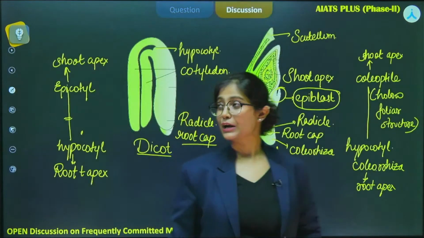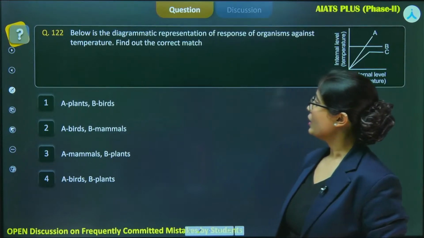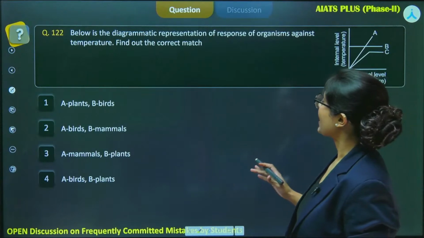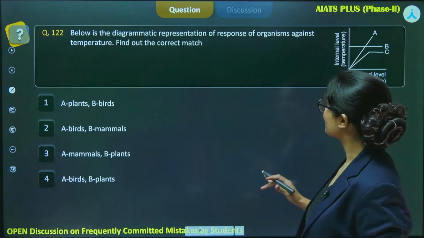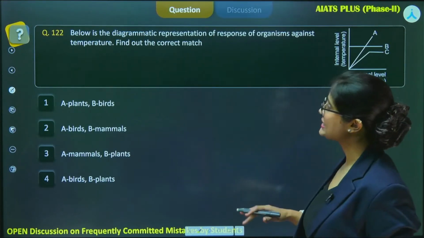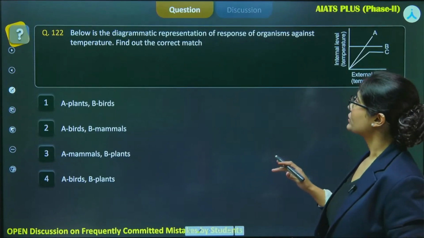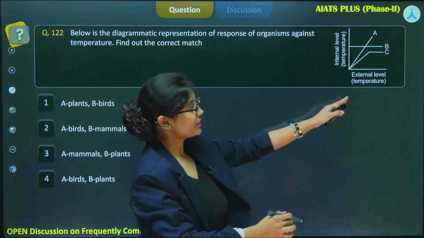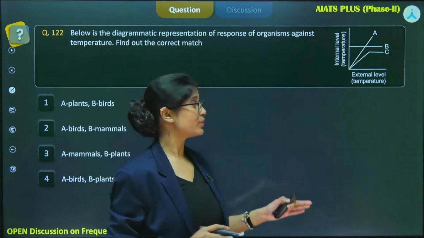Now let's move ahead with the next question, which is 122, which says, below is the diagrammatic representation of response of organisms against temperature. Find out the correct match. So this is the diagram. The graph is given. This question is from Organism and Population.